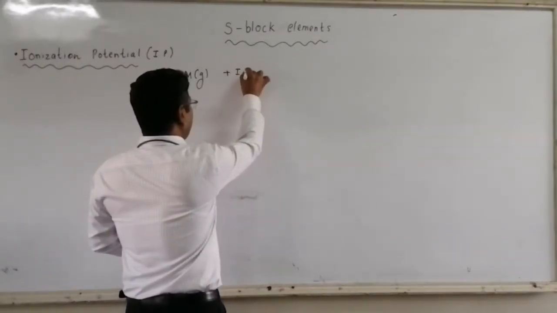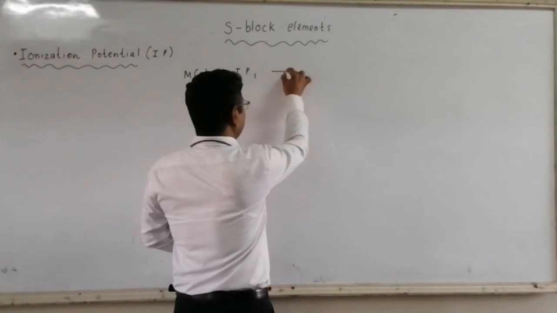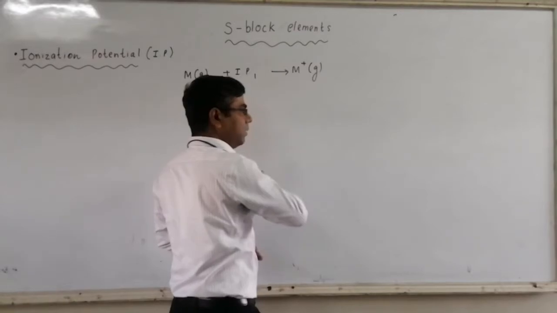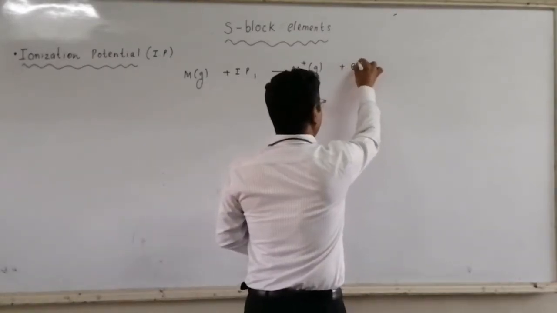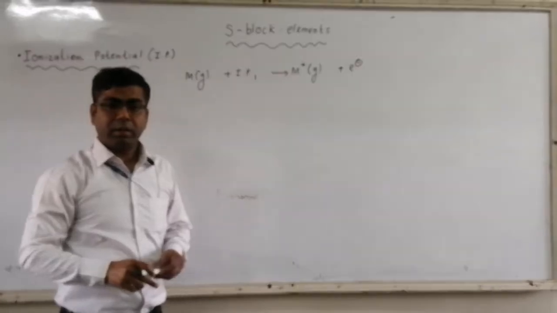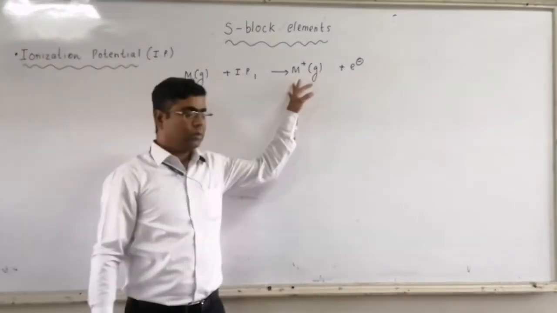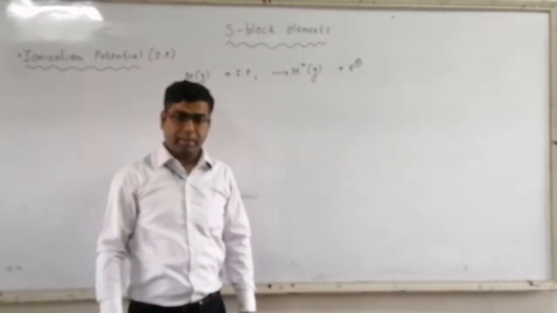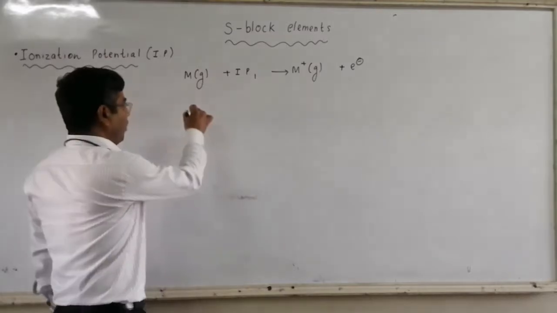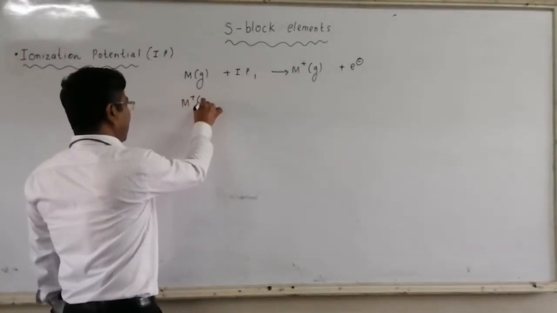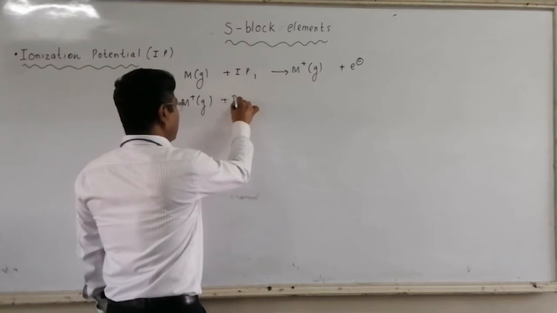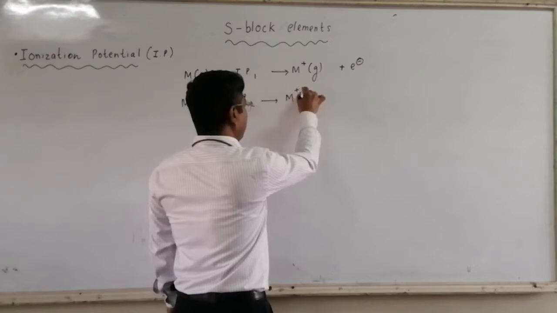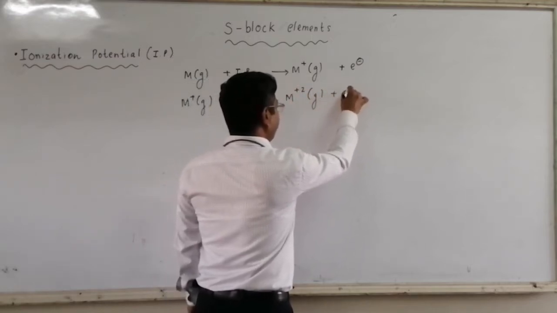When first IP is provided, it will be converted to M plus ion in gas state with the removal of an electron. We obtain a univalent cation, a unipositive ion. Then when IP2 is provided, it will be converted to M2 plus gas with the loss of electron.